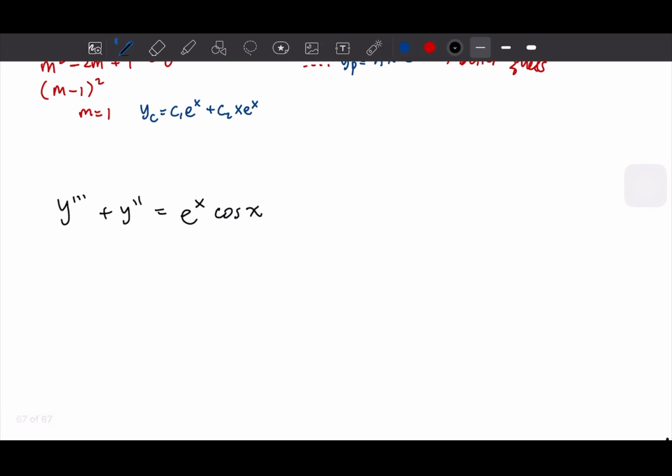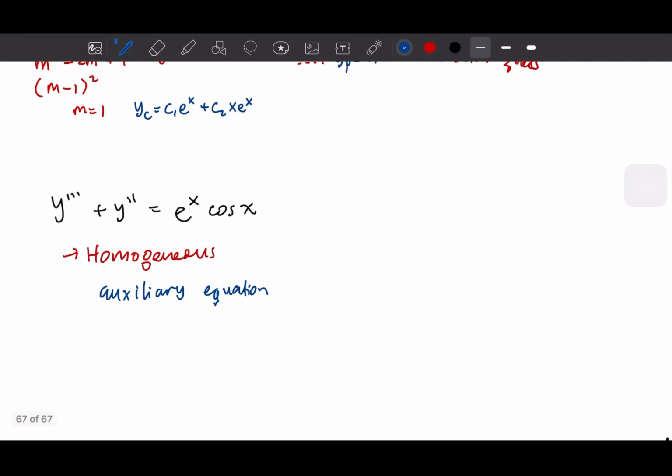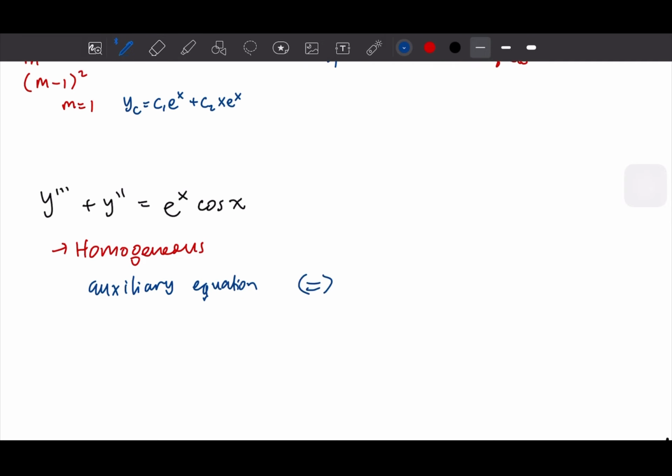First, we process the homogeneous, take the auxiliary equation, and then we find that this can be written as m cubed plus m squared equal to 0.